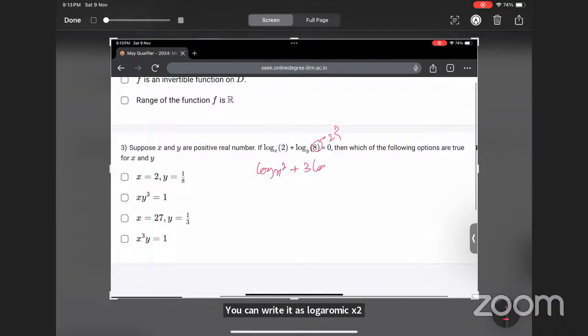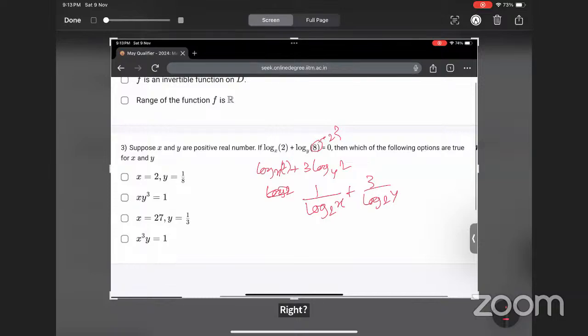So 3 log base 2 of y. Then we can write it as log 2x plus 3 by log 2y equals 0. Divide by the common base.